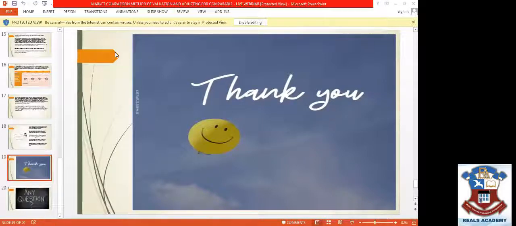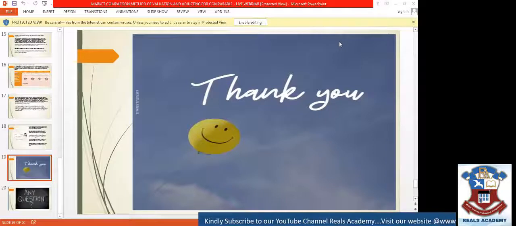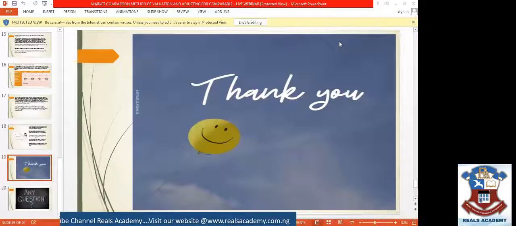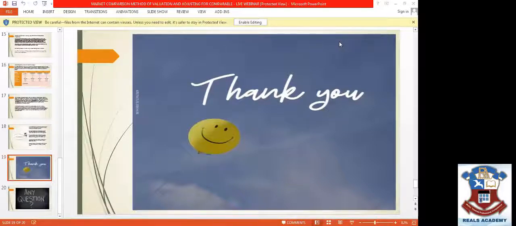I want to acknowledge also that, yes, I'm proud to be a sponsor of the program, but those that are working behind the scenes are also sponsors in a way, because no amount of remuneration can compensate for your efforts.